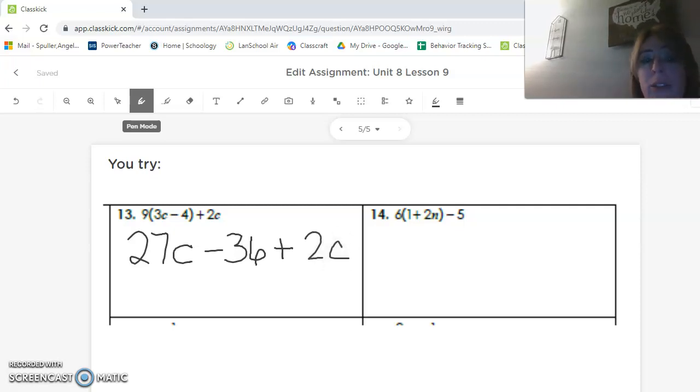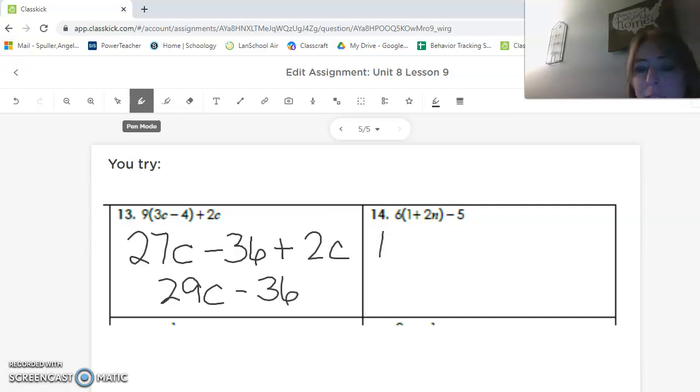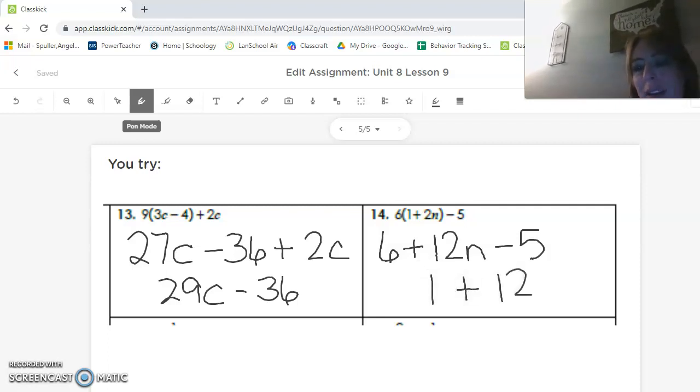We can combine 27c plus 2c to get 29c minus 36. All right, for this one, we can say 6 times 1 is 6 plus 6 times 2 is 12n minus 5. Well, 6 minus 5 is 1 plus 12n. All right, great job.